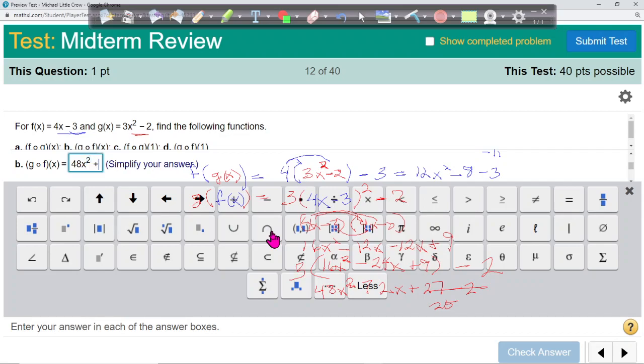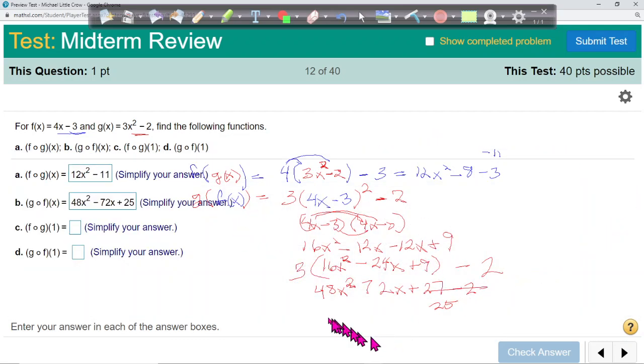Is that plus 72? It's minus 72x, and then plus 25. Get that stuff all out of the way.